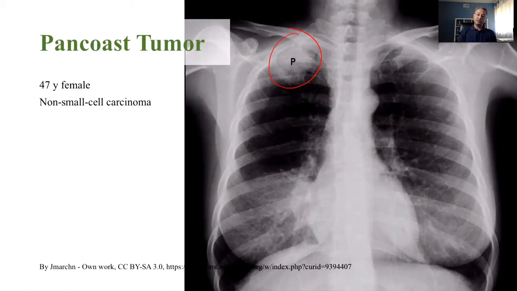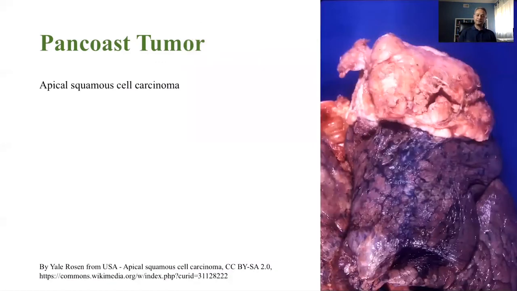It can cause compression and damage to the brachial plexus. It can involve other structures over here as well. So this is the Pancoast tumor. Here is a picture of a Pancoast tumor. If you see here, this is the squamous cell carcinoma that has formed a Pancoast tumor.